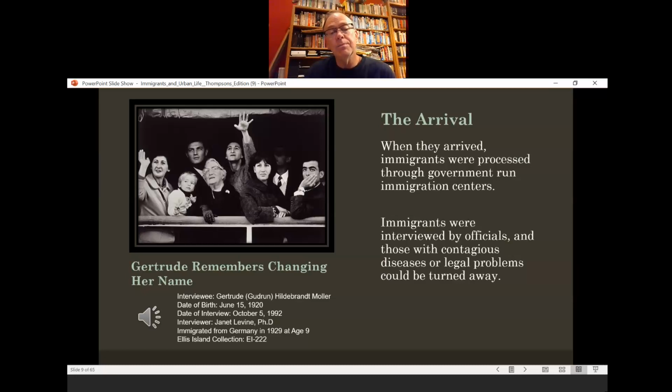And in those immigration centers, they are interviewed, they are checked for diseases, legal problems, and it's a process they have to go through. And I'm sure they were quite nervous, wondering were they going to be successful and get to enter the main part of the United States. And so here's a little account from Miss Gertrude Gudrun Moller and her changing her name.